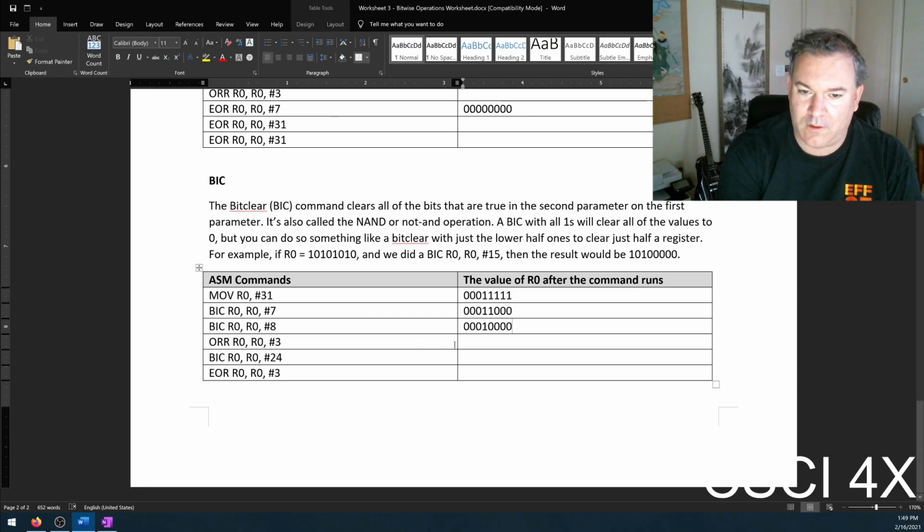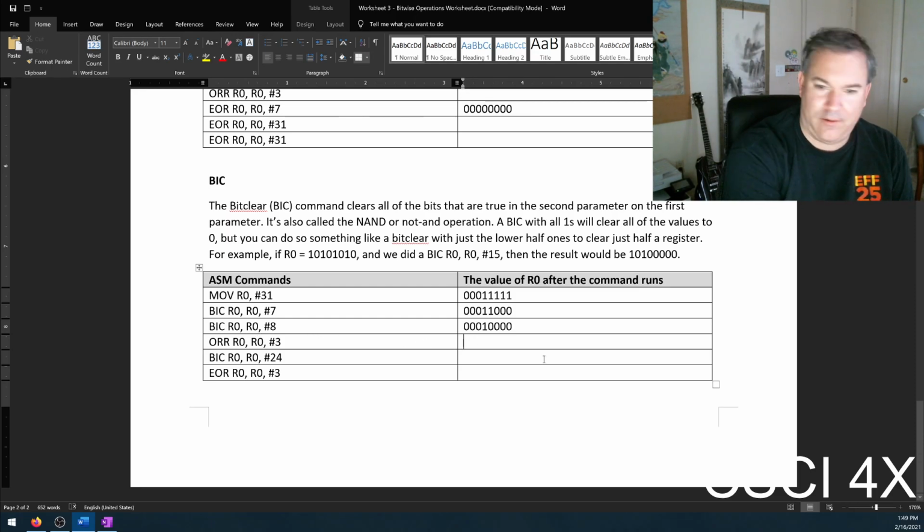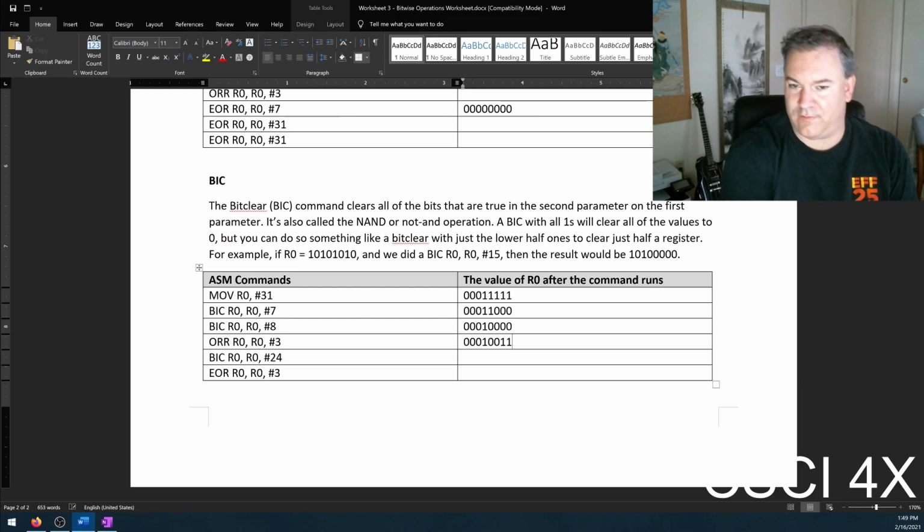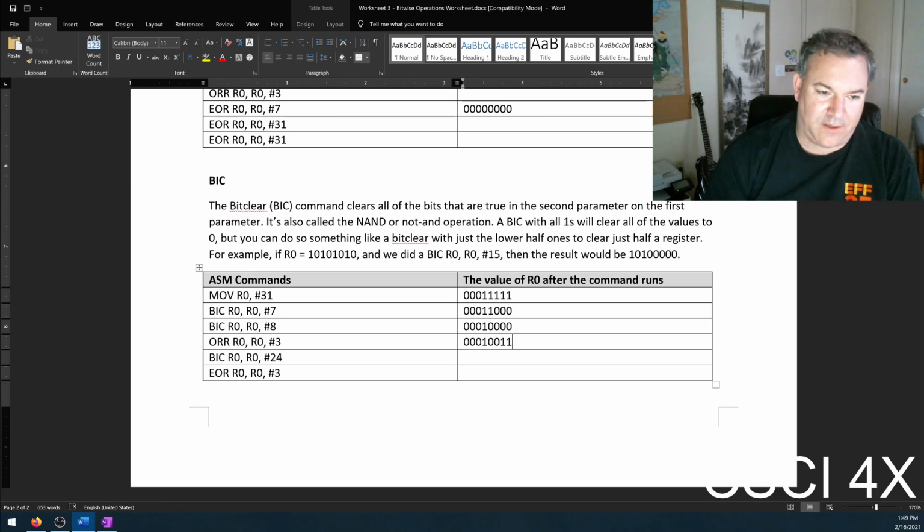Okay. And if we OR in 3, 3 is the bottom 2 bits, right? So that's all you're going to do for this assignment. And then we're going to bit clear 24. So 1, 2, 4, 8, 16.